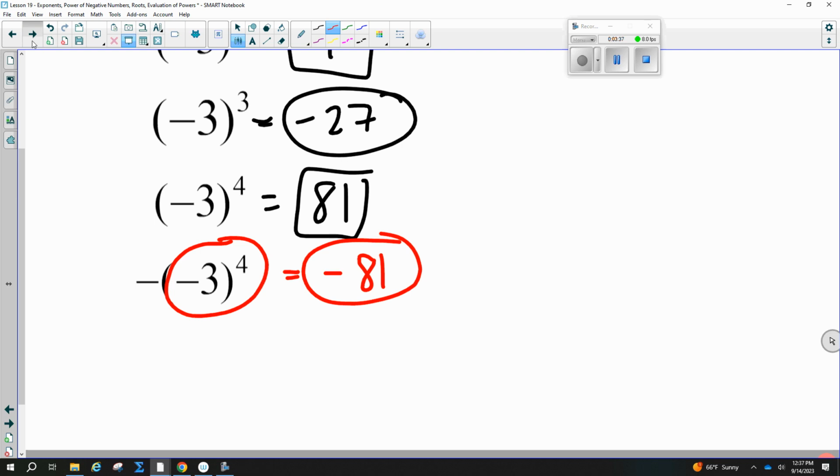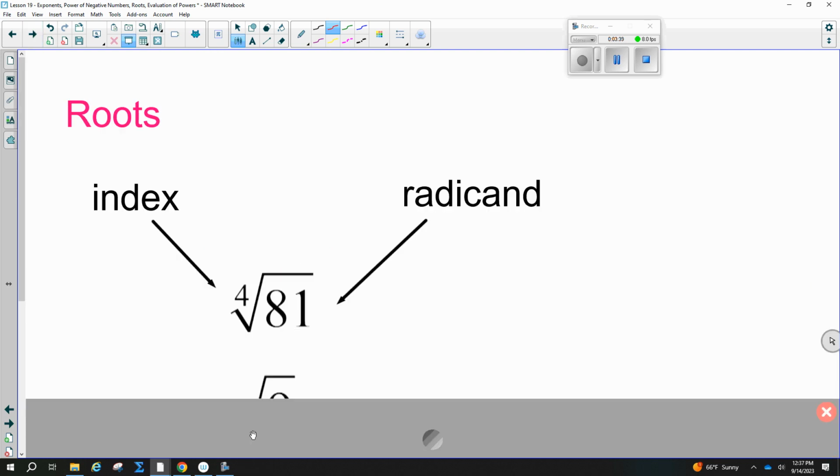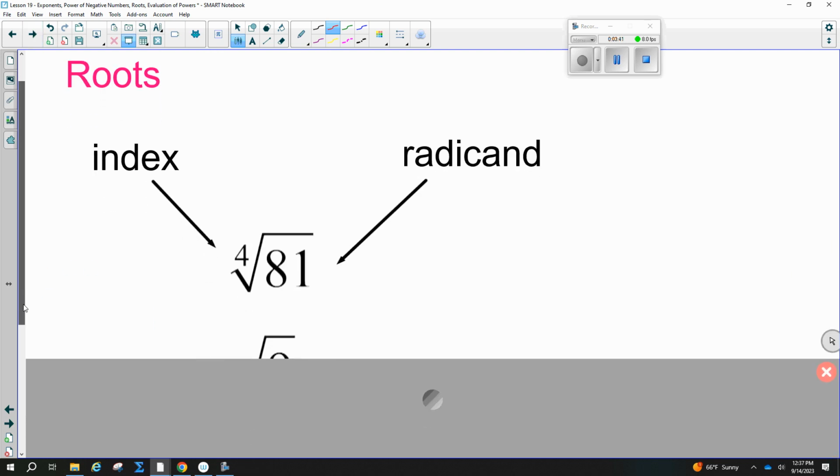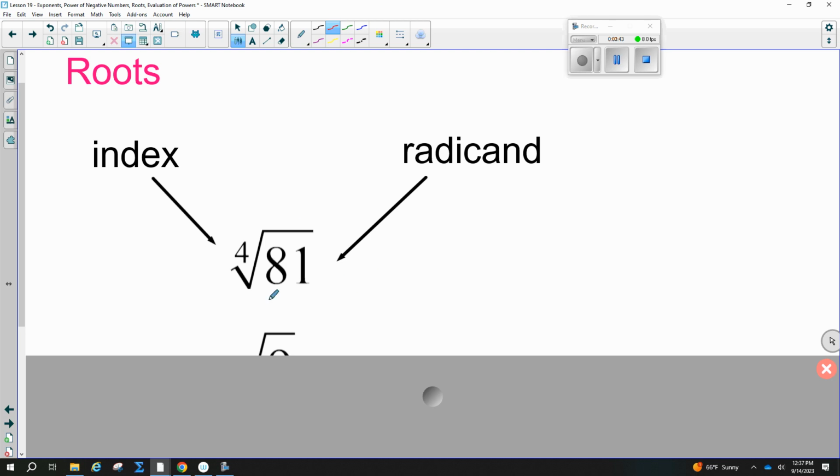Okay, some lovely vocab for you. All right, so if I have the 4th root of 81, the inside is called the radicand. All right, and this outside number, this 4 right here, is called the index.